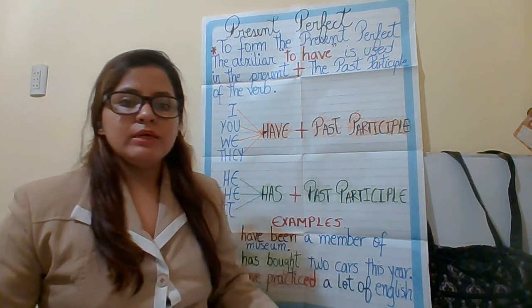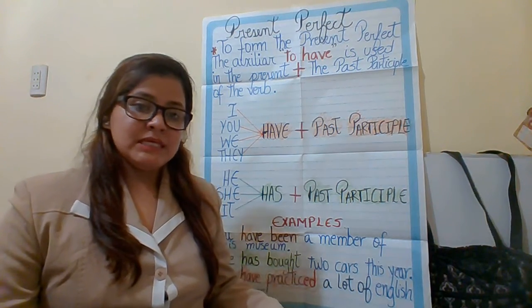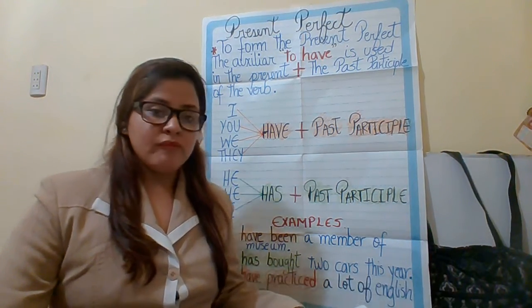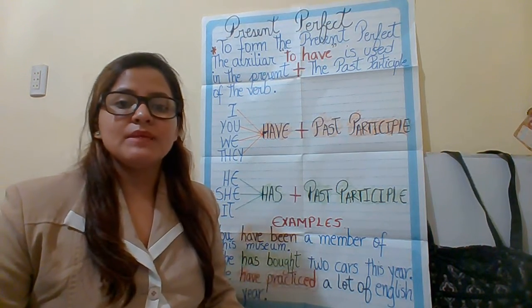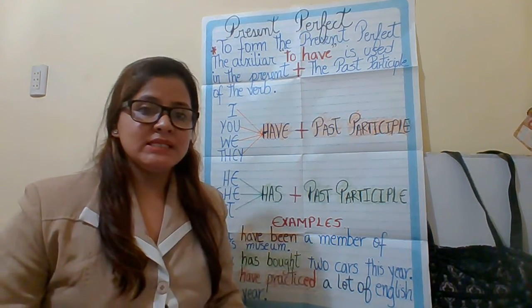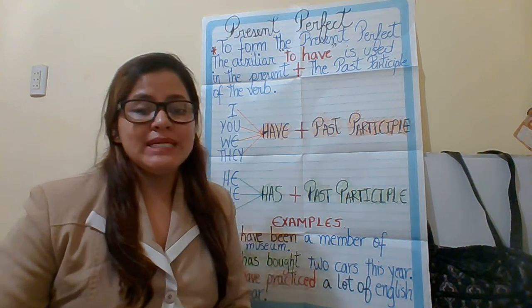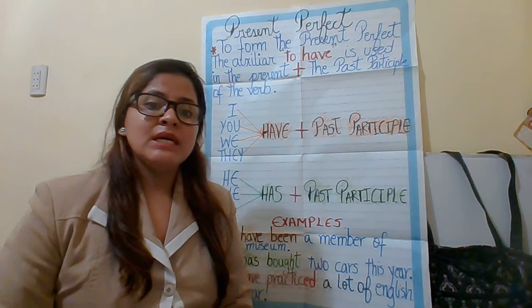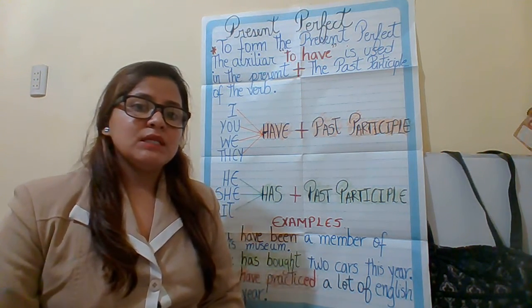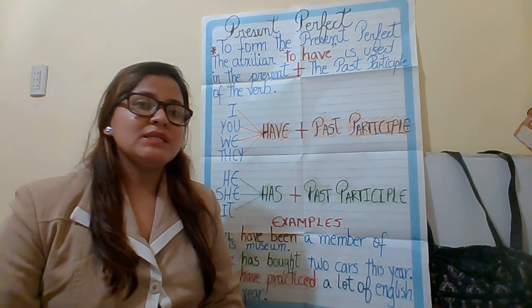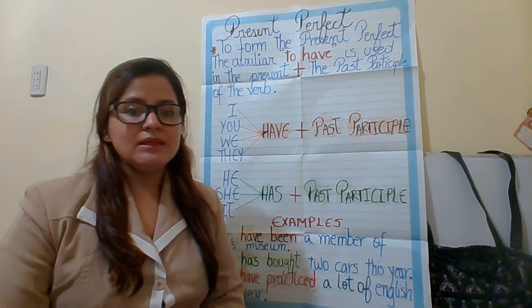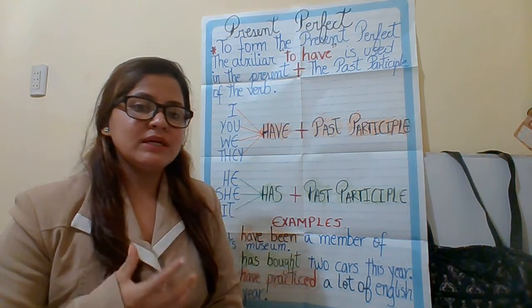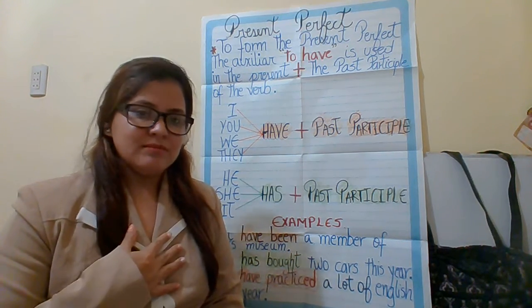Okay, I'm going to explain my second lesson plan step by step. First, we have the information data: the topic is present perfect, applied for students of first vocabulary, and the lesson designer is me, Vanessa Victor.